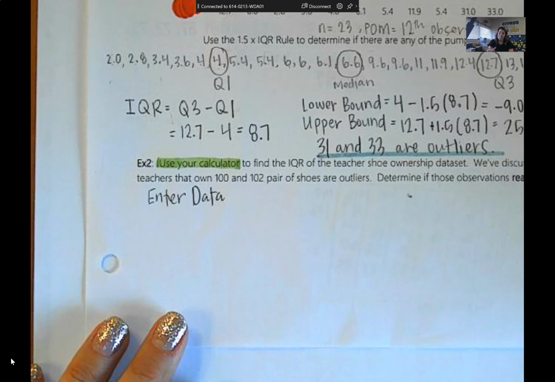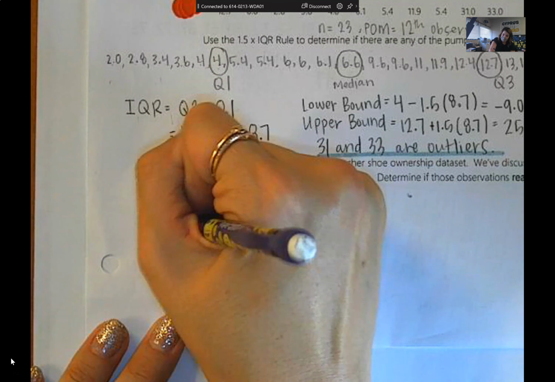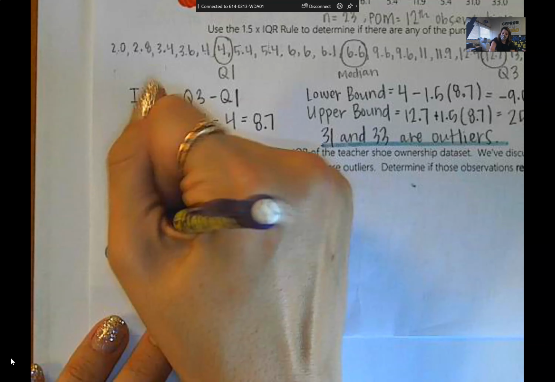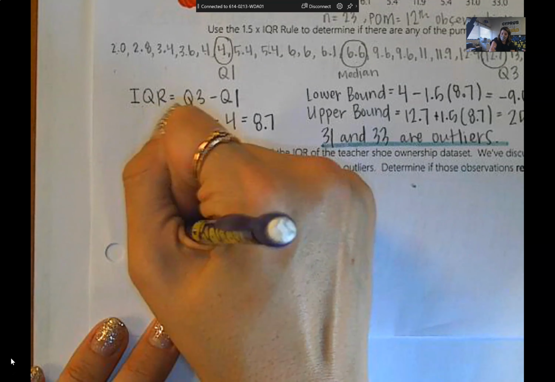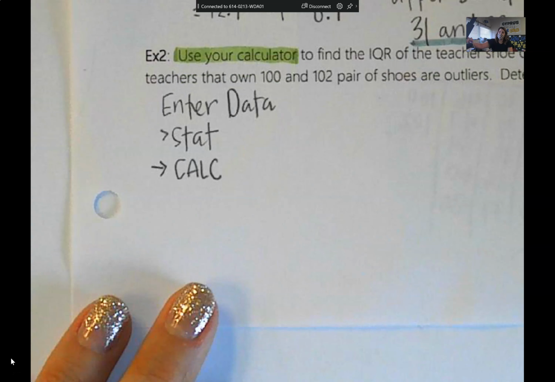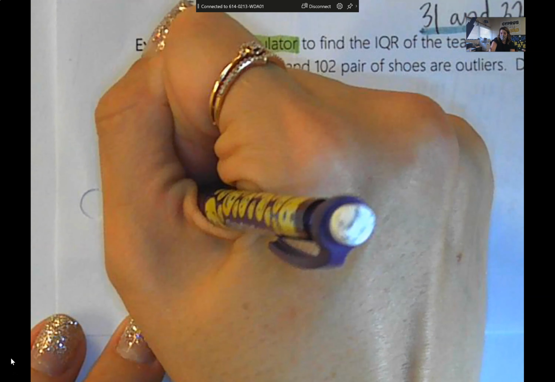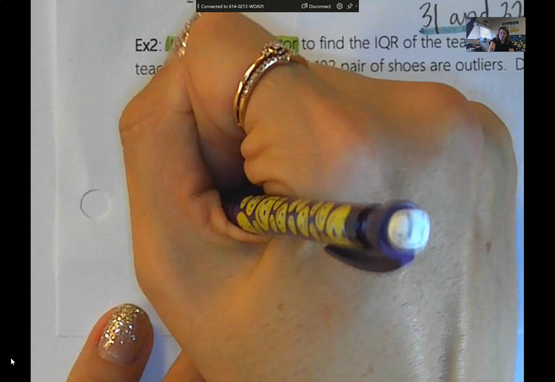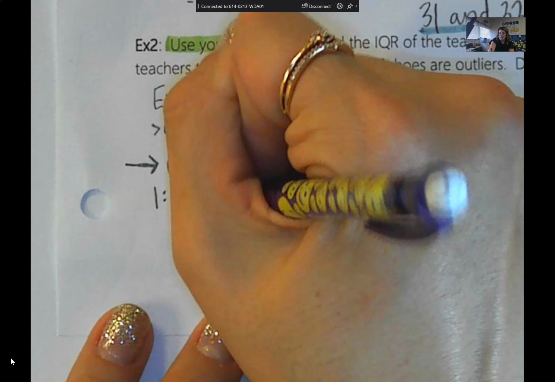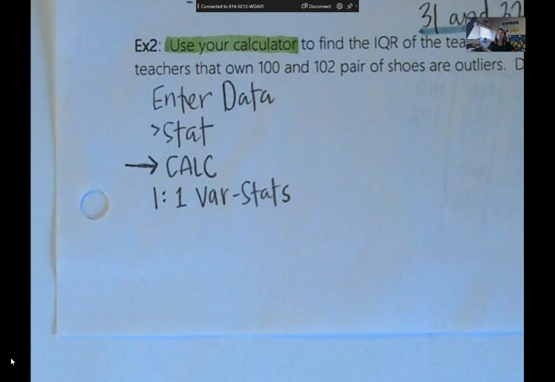Then you hit Stat. You arrow over to Calc, that's short for Calculate. And you are going to choose option 1, which is called 1-Var Stats, which stands for one variable statistics.